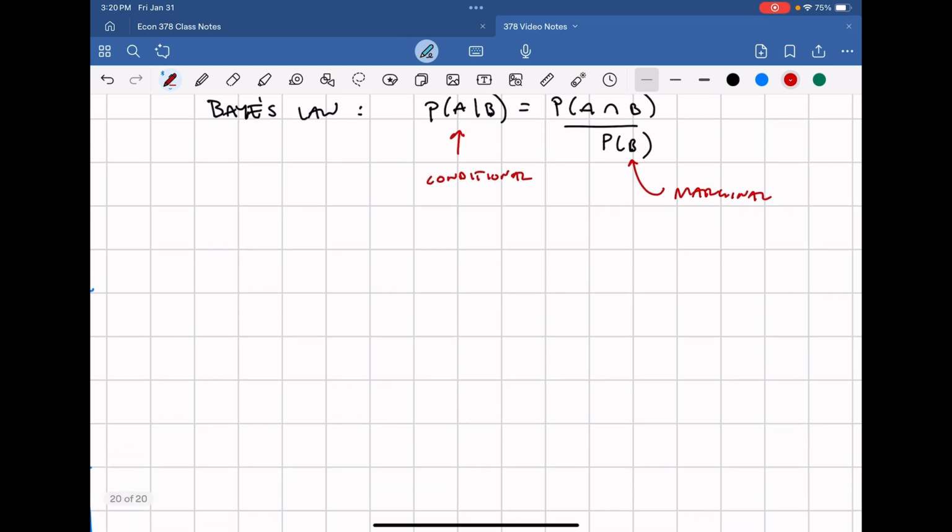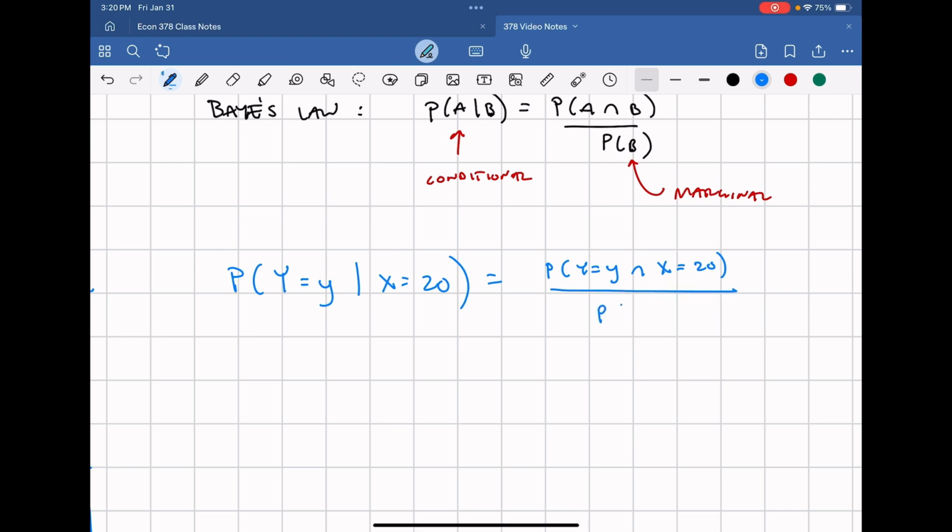So if I wanted to look at the conditional distribution, I could look at what is the probability that Y equals y, conditional on X being equal to 20? Well, this will equal the probability that Y equals y and X equals 20, divided by the probability that X equals 20.